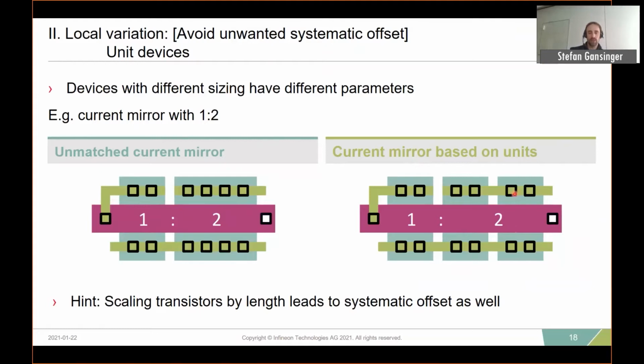So they are shorted, of course, but the structure in the layout is much more comparable to the input transistor. So by doing this, we are reducing the systematic offset, and this can be done quite easily. So as a designer, you have to draw your schematic like this so that the layout engineer can draw the layout also like this.